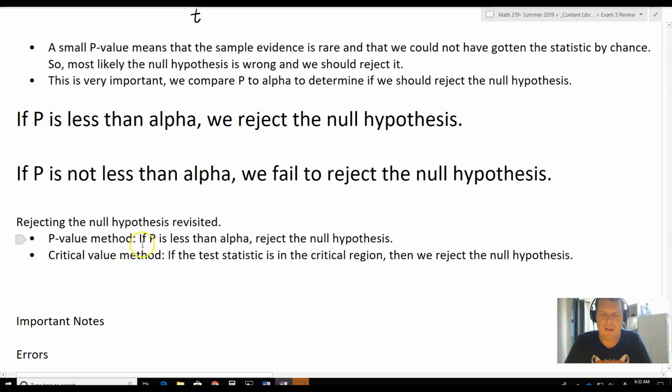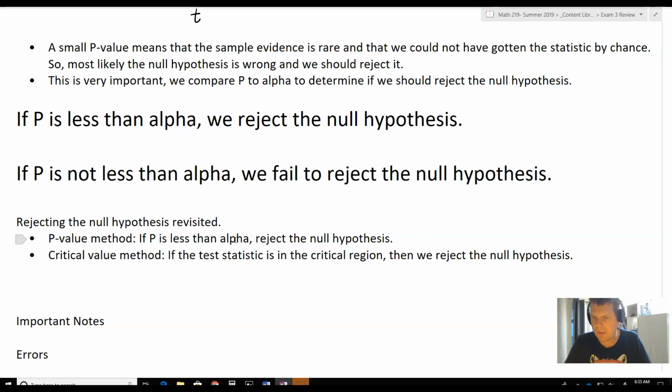So in the p-value method, if p is less than alpha, we reject the null hypothesis. In the critical value method, if the test statistic is in the critical region, then we reject the null hypothesis. Both of these are equally valid ways of doing hypothesis testing.